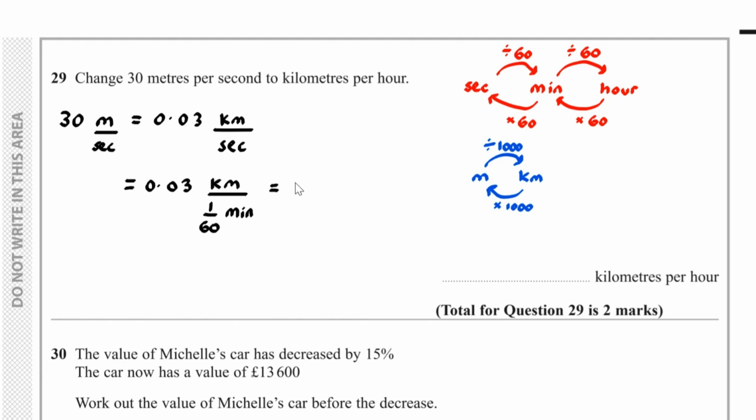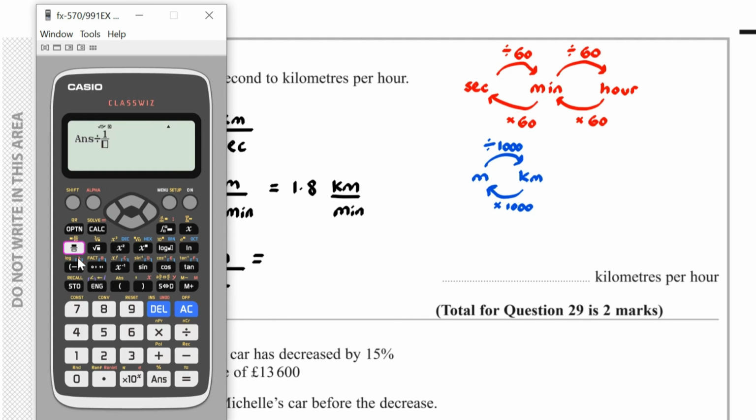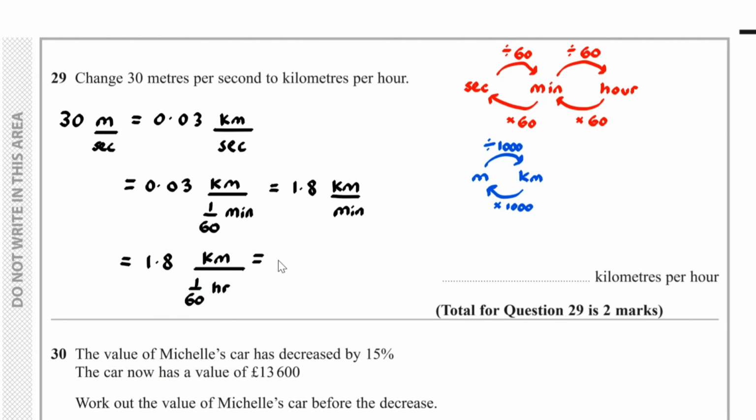So it turns out we get 1.8 kilometers per minute. And then what I need to do is divide this by 60. So I've got 1.8 kilometers over 1/60 hours. So I need to divide this value by 1/60, so I get 108 kilometers per hour.